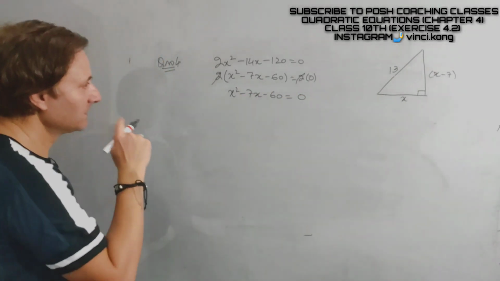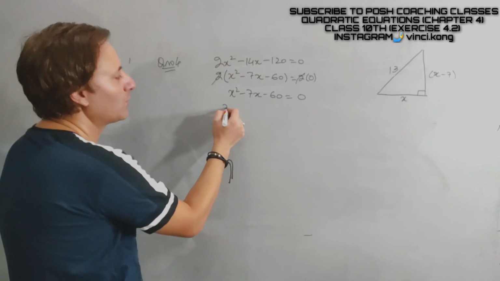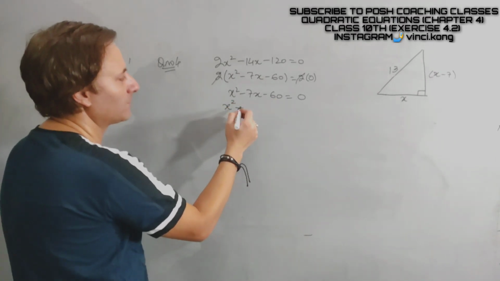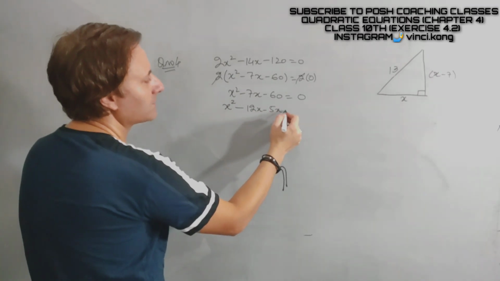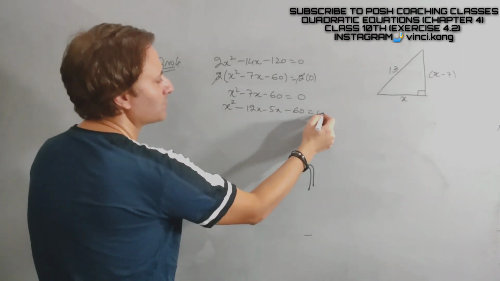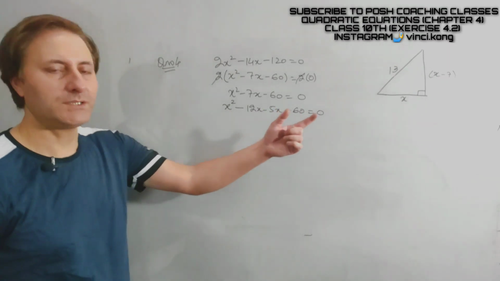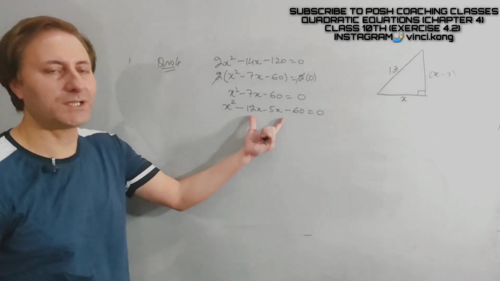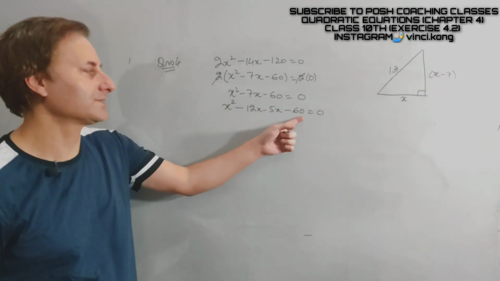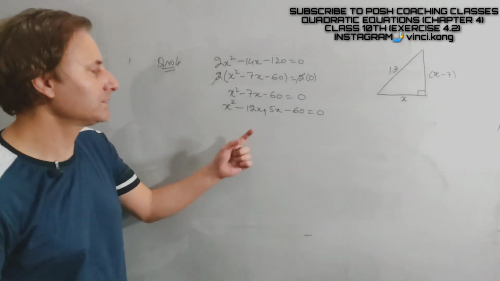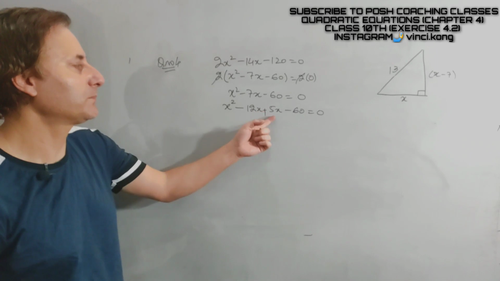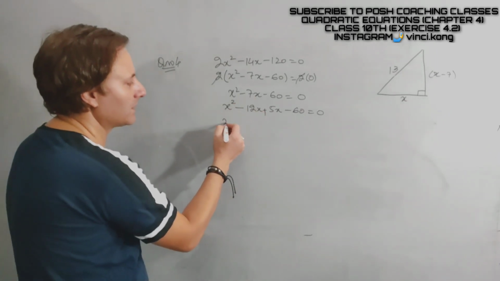We can take the factors of 60. So I'll say 12x minus 5x minus 60 equals 0. You can take the factors of 60, you will get this. 12 multiplied by 5 is 60, and 12 minus 5 is 7. So let's take x common.